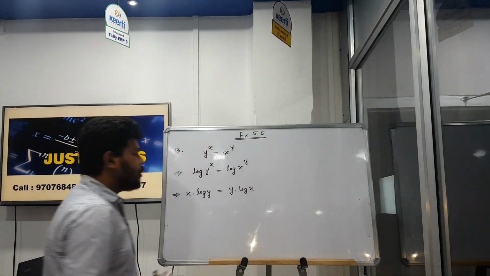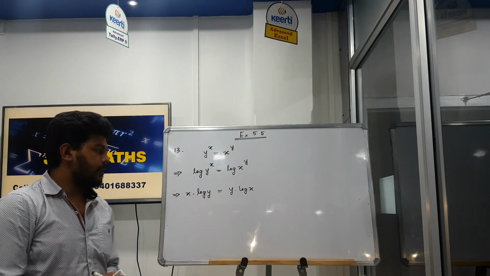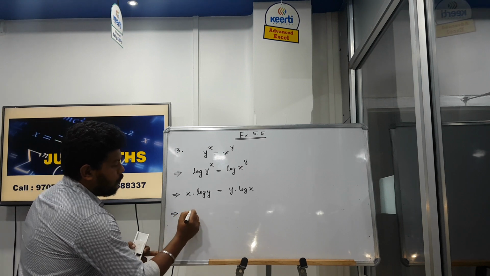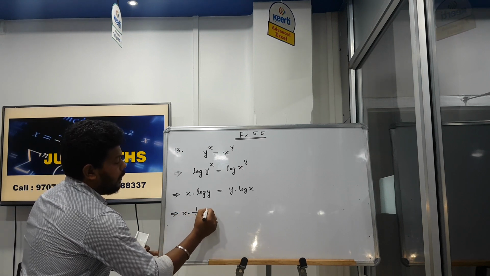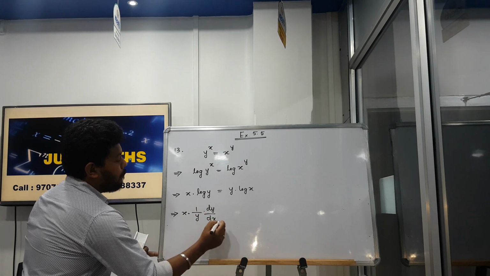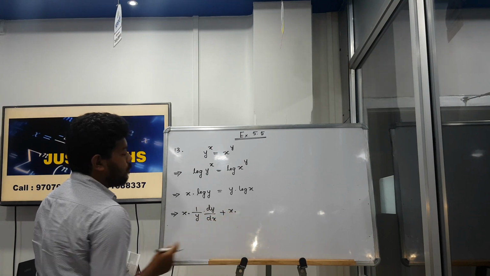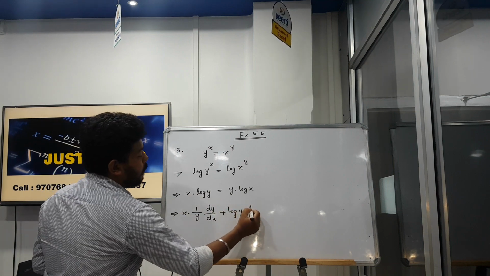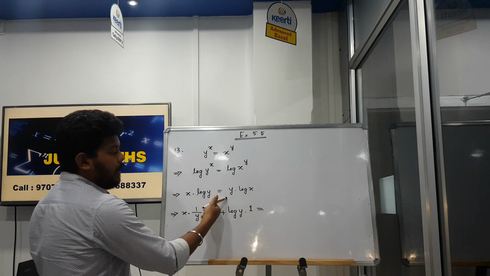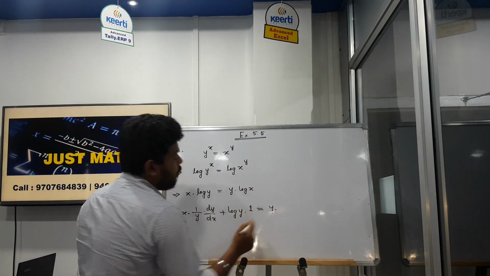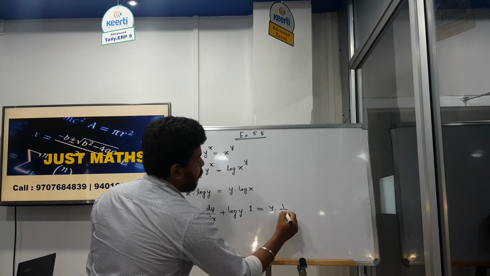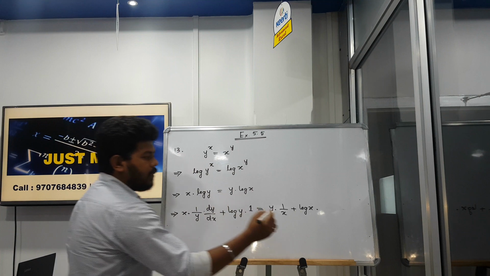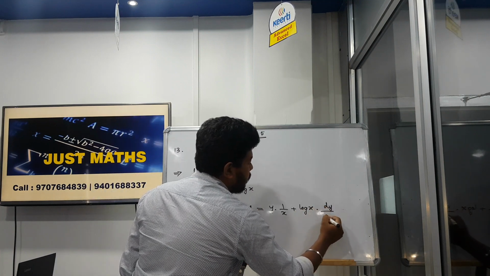Now differentiate both sides with respect to x. It will be, x is u, for log y it is 1 by y into dy by dx, plus log y into x's derivative, which is 1, is equal to y into, for log x, derivative 1 by x, plus log x into, if I differentiate y, dy by dx.